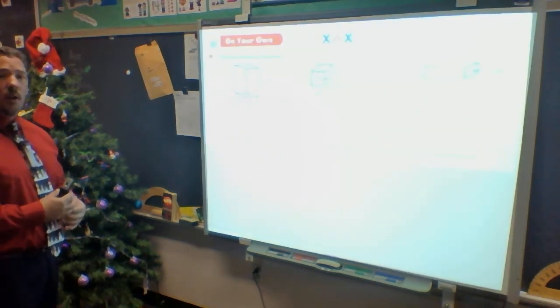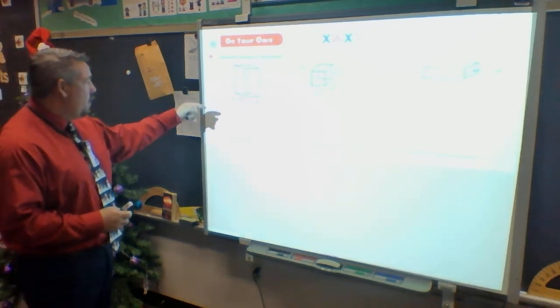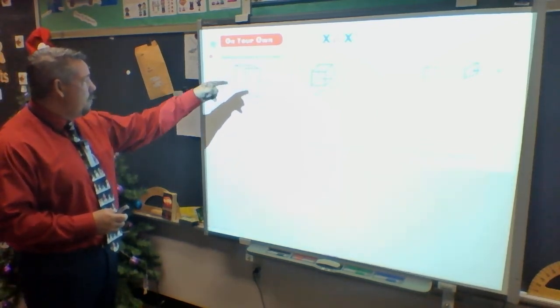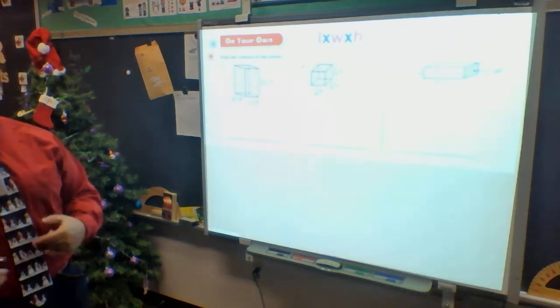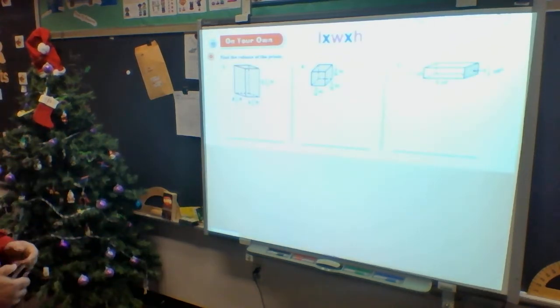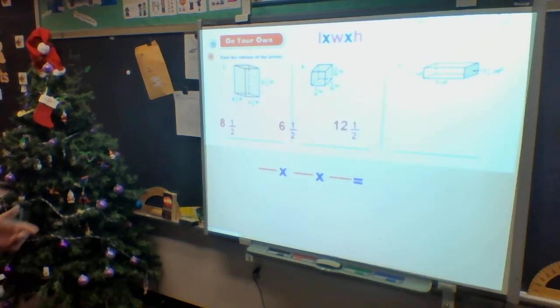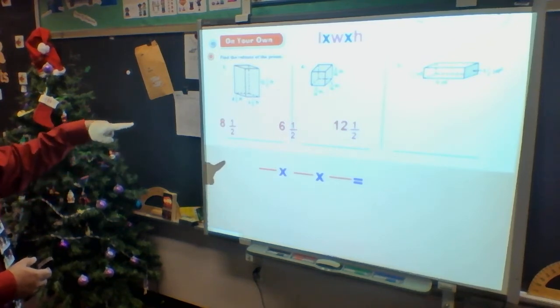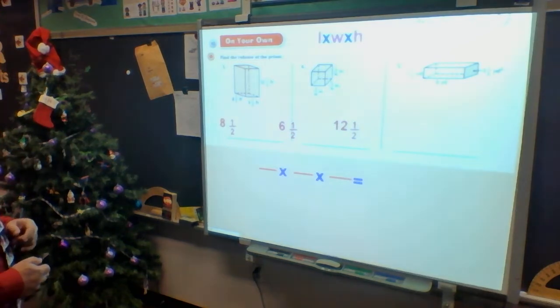So my last 3, I have number 3, which gives me 3 measurements that are all mixed numbers. So all 3 I have to change into improper fractions. So I'm going to do the work. I'm always going to start at the bottom. I'm going to multiply and then add and keep my denominator.